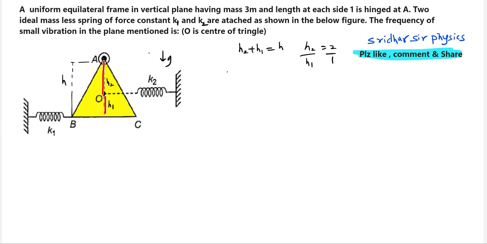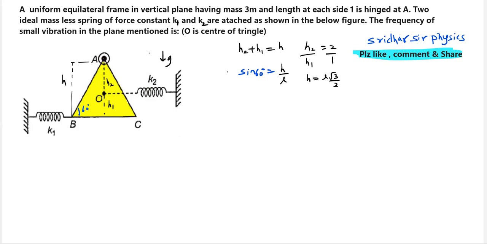And from this is the 60°. So sine 60° should be equal to opposite by hypotenuse, which is H by L, where H equals L root 3 by 2. Okay, we need H2 and H1. Very specifically, I need H2.